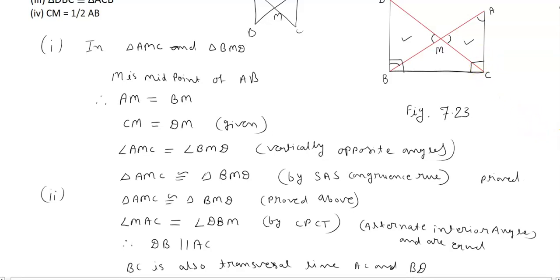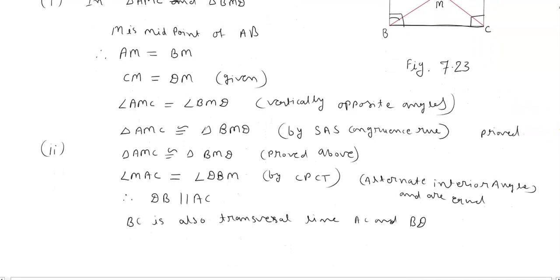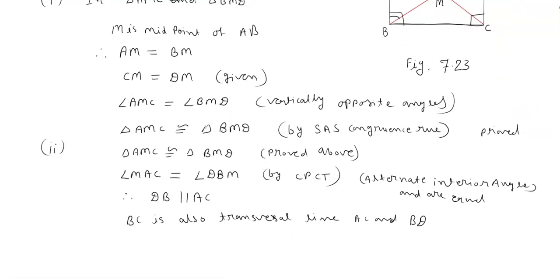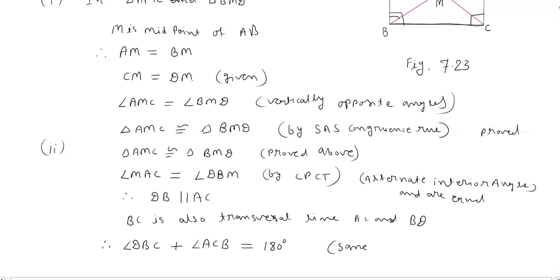So we can say the sum of angle DBC plus angle ACB is equal to 180 degrees, because these are same-side angles of the transversal.